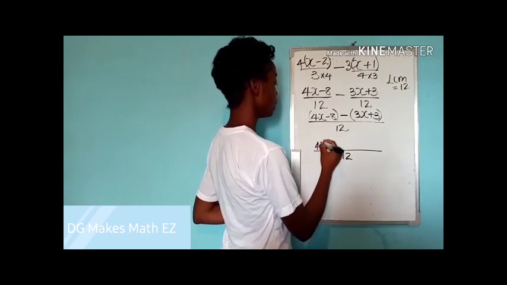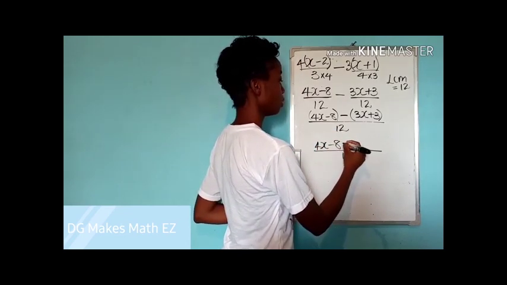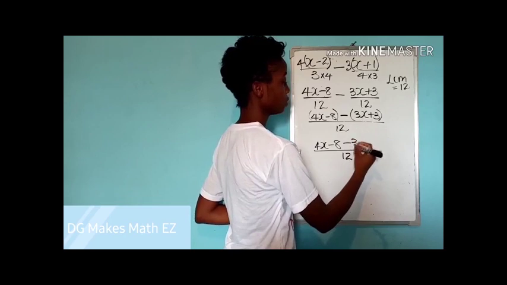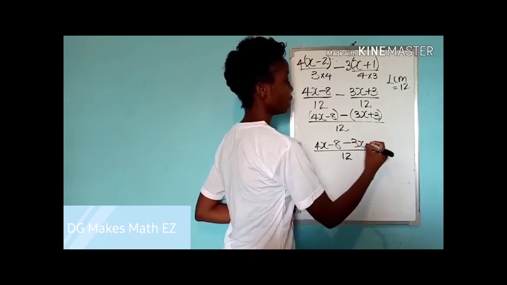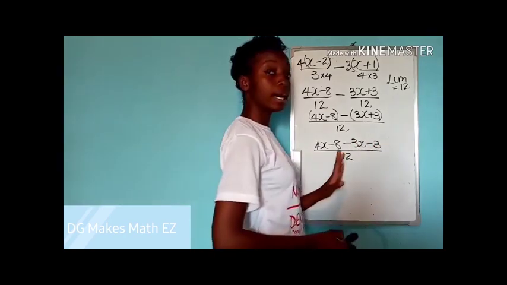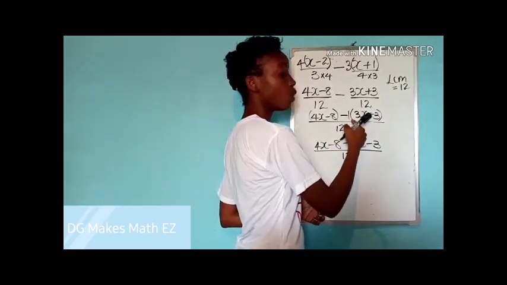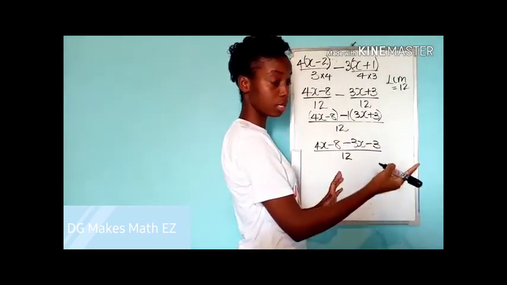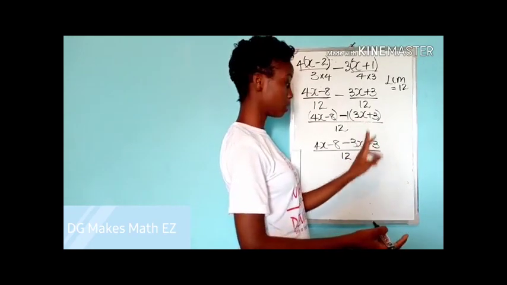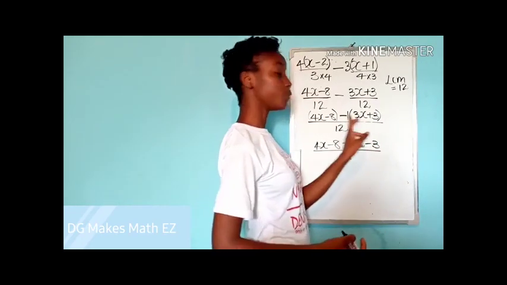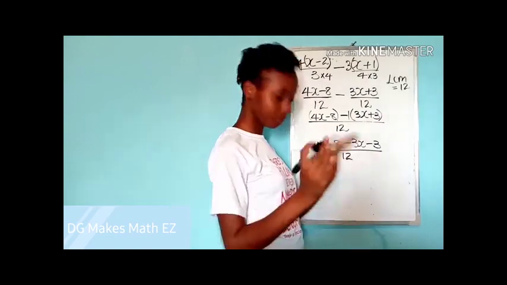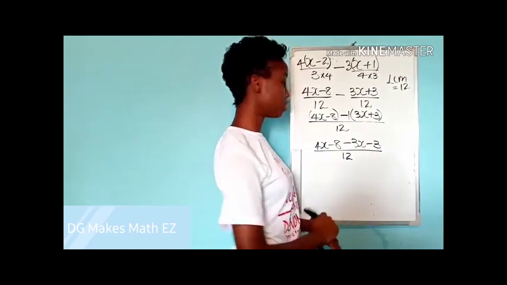So this is 4x minus 8 minus 3x minus 3. And just so we are clear, it's as if you have a negative 1 here being multiplied by what's in the bracket. So negative 1 times the 3x gives you negative 3x. Negative 1 times 3 gives you negative 3. All right, just to ensure we're on the same page.